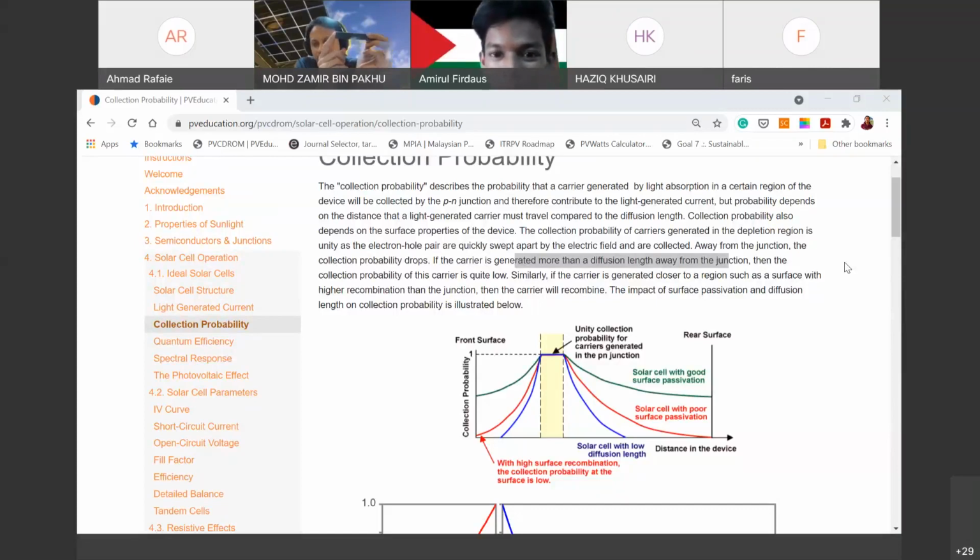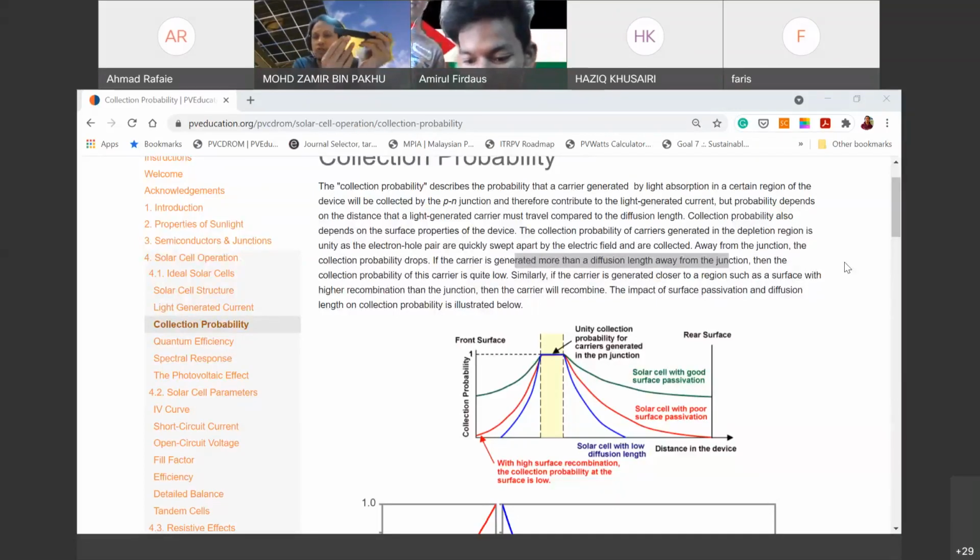Okay, so we discussed yesterday that carriers generated near to the depletion region will be collected. The probability of collection will be unity in the depletion region. But if you want the carrier to be collected, the distance of the carrier away from the depletion region has to be at most one diffusion length.